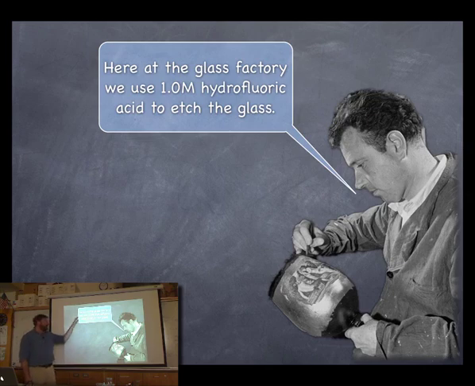So you have to be real careful when you use it, particularly at any kind of concentration. So 1 molar hydrofluoric acid would be good for etching glass. It's dangerous. We want to know what's the hydrogen ion concentration of something like that. We want to be able to take a weak acid and calculate the hydrogen ion concentration.